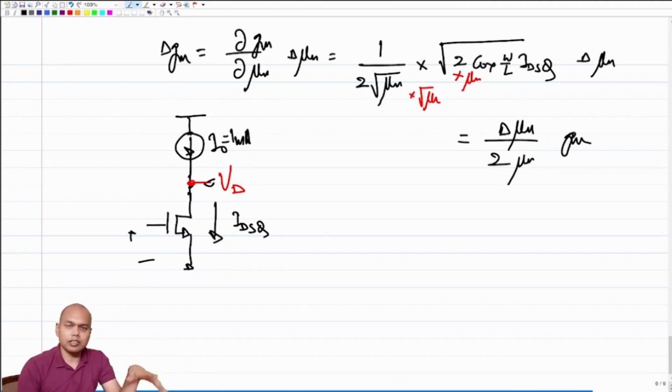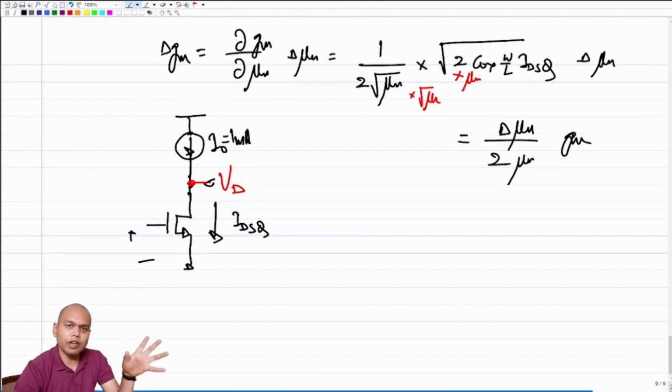Here is your transistor with certain mu n Cox and threshold voltage. Go and bias it with a constant current source, so that IDSQ will be equal to 1 milliamp. Also, so that the transistor is in saturation, right? So what will you do?